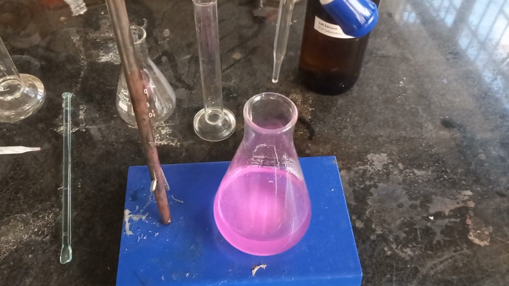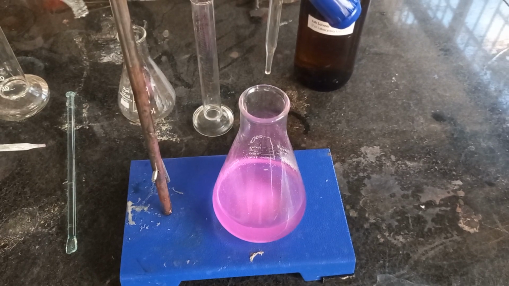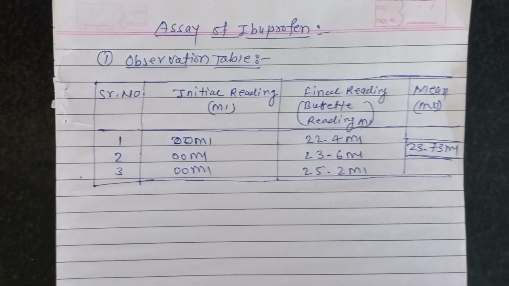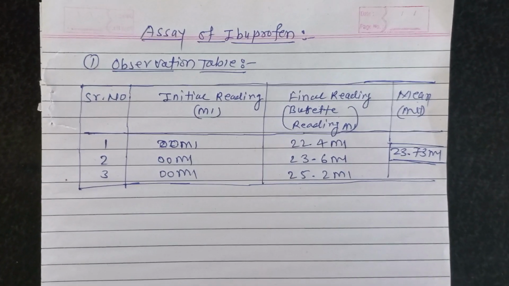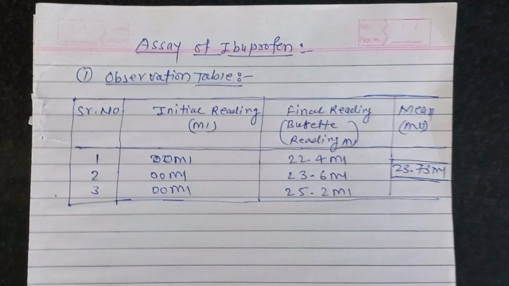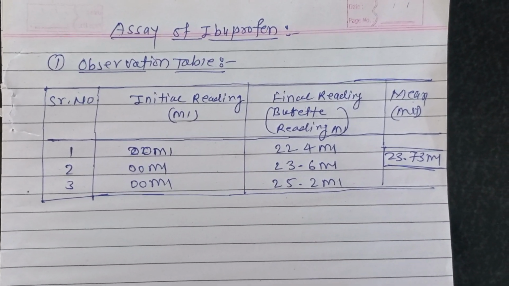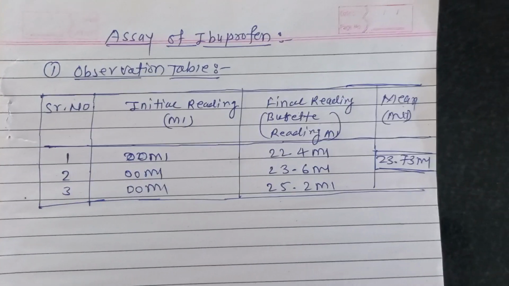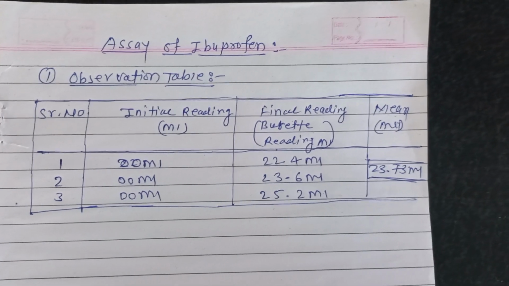Let us do this next part of the titrations of the assay of ibuprofen. I have taken all three readings, and we have the observations: the initial reading, final reading, as well as the mean. Initial reading is 0.0 ml, and the first final reading is 22.4 ml.